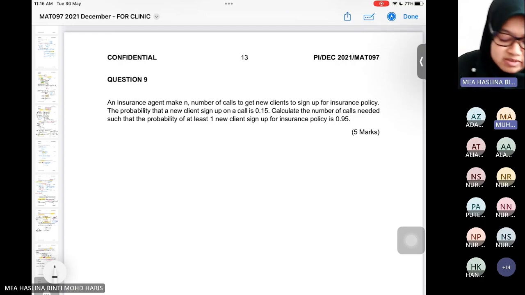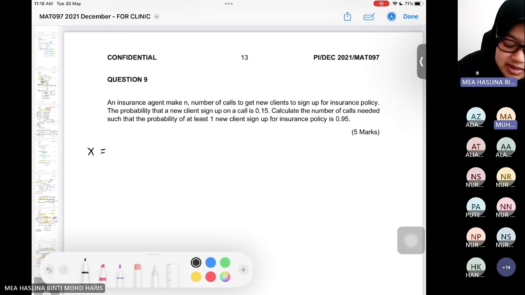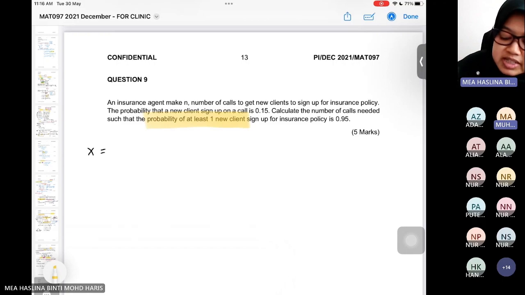What is our random variable now? You can get that from the hint, probability at least one new client.